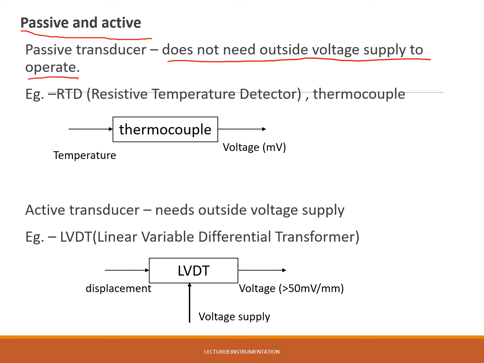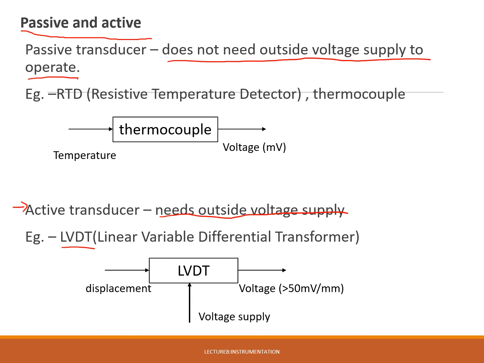We don't need to give a power supply to the RTD and thermocouple in order to measure temperature. But for an active transducer, in order to function and give output, it will need an outside voltage supply. You have to have a power supply in order for the active transducer to work. For example, the LVDT.